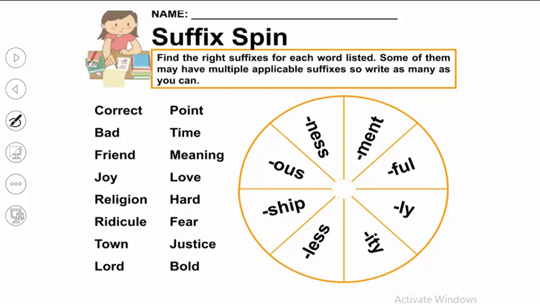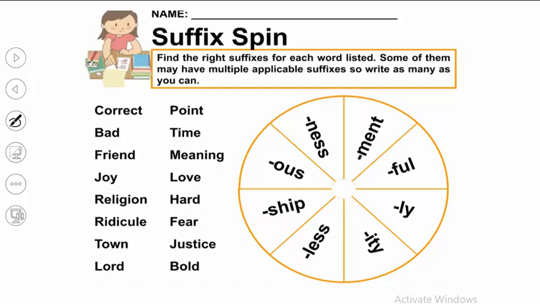If you feel you don't know the words, you can refer to the dictionary. The dictionary is very helpful to find the meaning. For example, joy, meant.